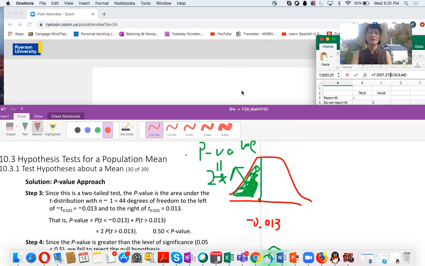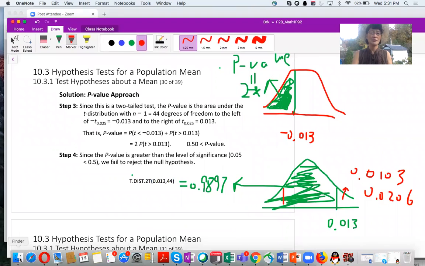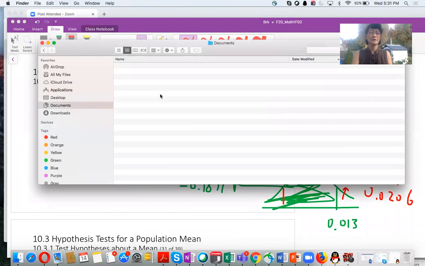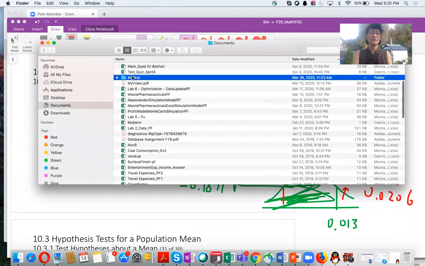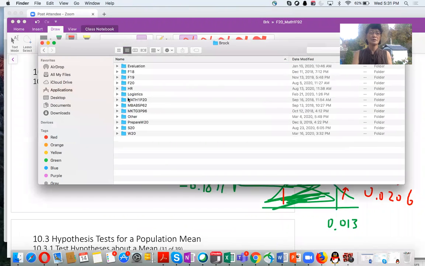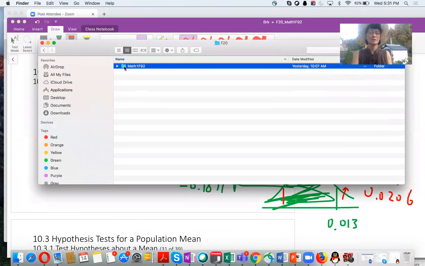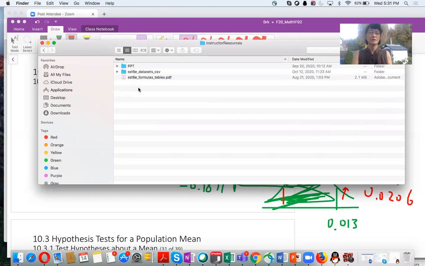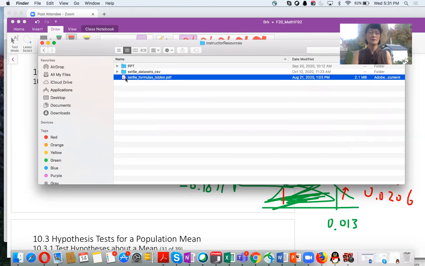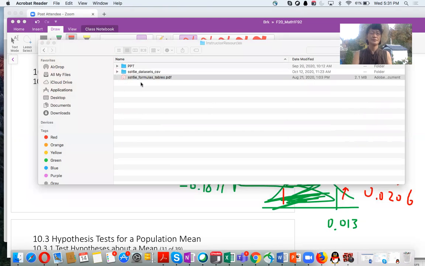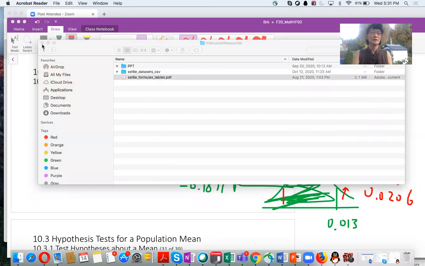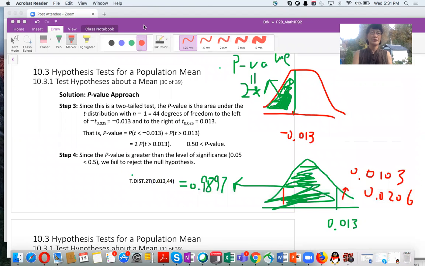So I'll go to the table. I try to find the table, okay? Documents, my first block, tables and formulas, right? Maybe I will insert this into OneNote so that I can reference it.